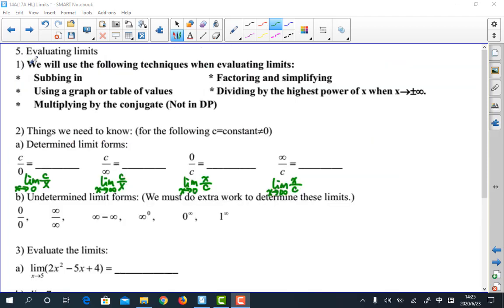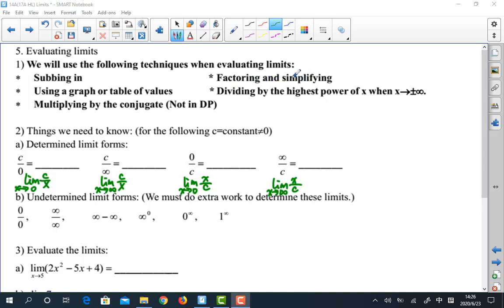Section 5, evaluating basic limits. Usually we can use those 5 techniques when evaluating basic limits. To be honest, you also can use those 5 techniques to evaluate more complex limits. The first technique is called sub-in. What does that one mean? We will use an example to show you the technique of sub-in. Factoring and simplifying.